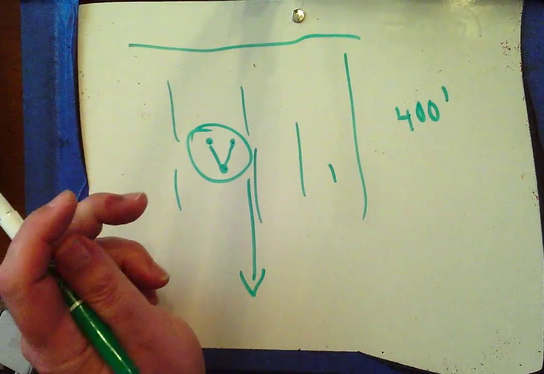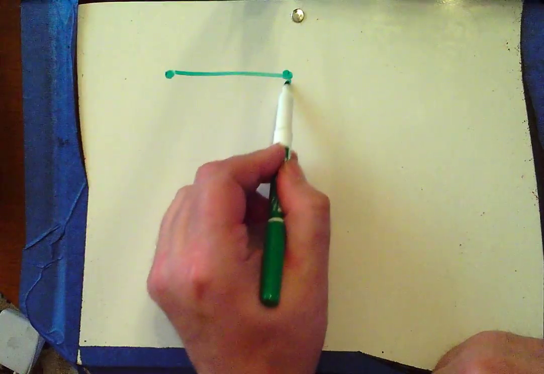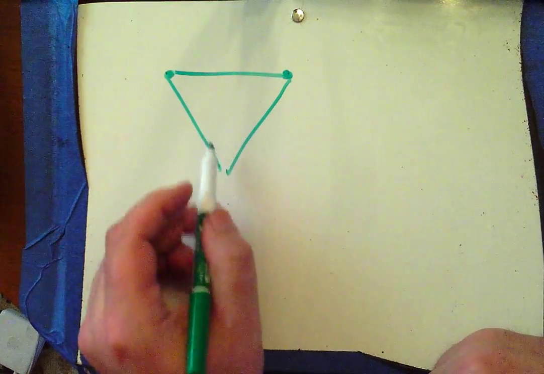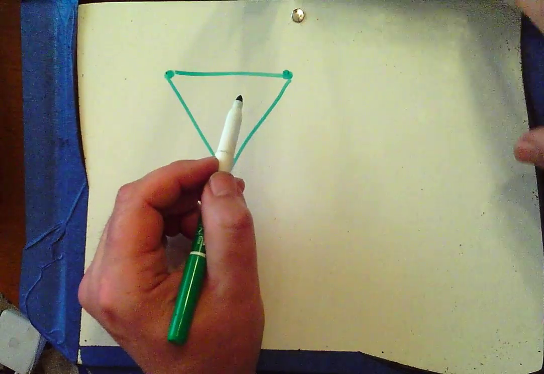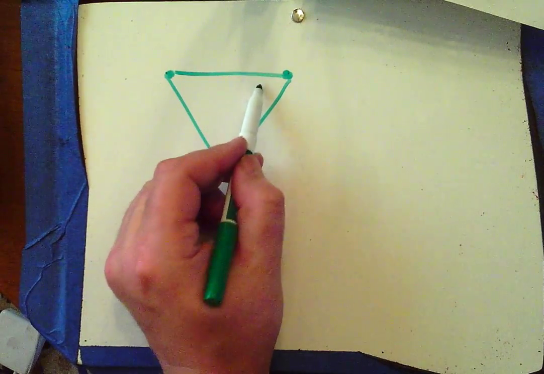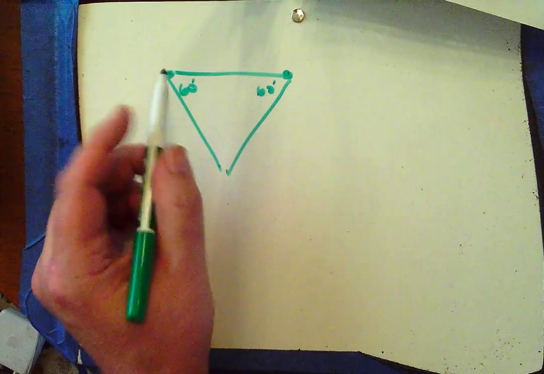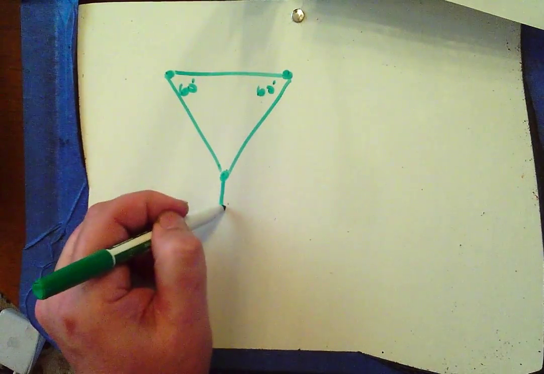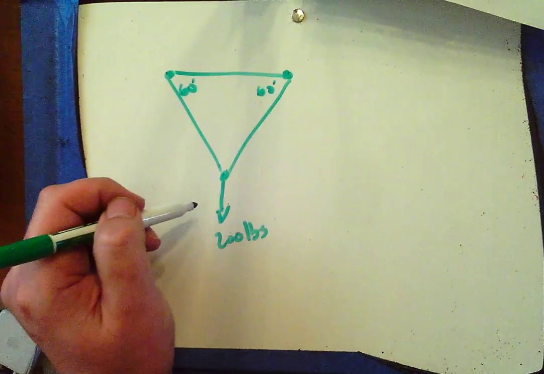Well, so let's take a look at anchors. Let's imagine that we have this point here and this point here. And let's imagine we pre-equalize our anchor so that this angle here is 60 degrees, and this one here is 60 degrees, and this is 200 pounds hanging off that anchor.